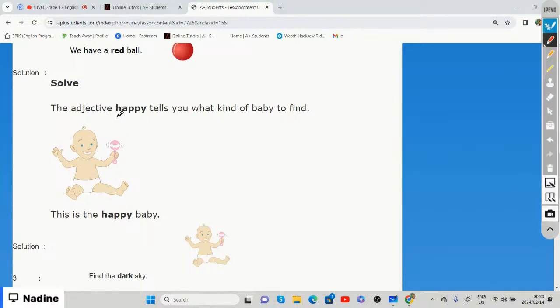So over here, the adjective is happy. And the question was, where will you find a happy baby? Which means that the word happy describes or tells us what kind of baby to find. And we need to find a happy baby.